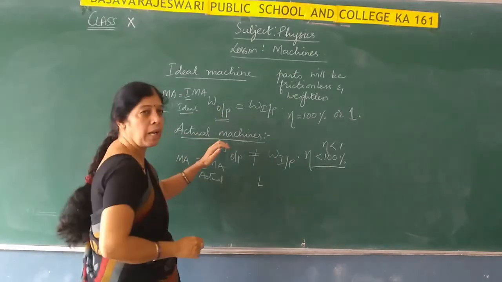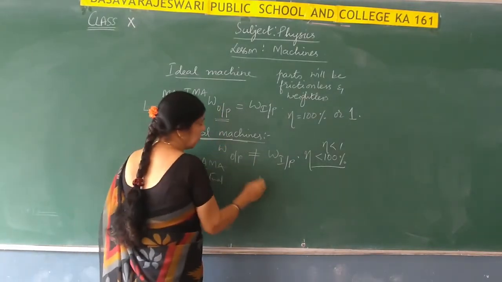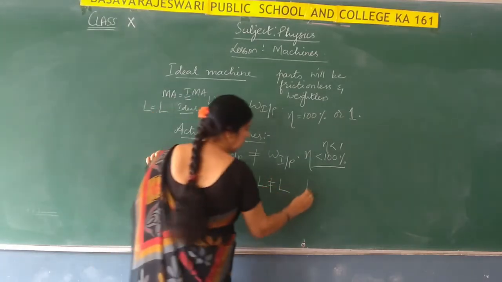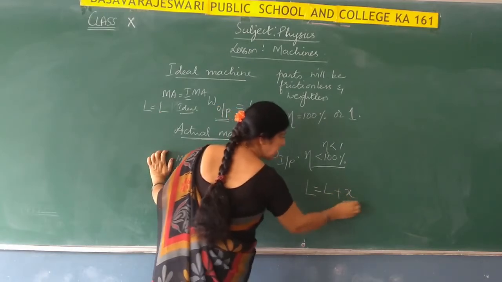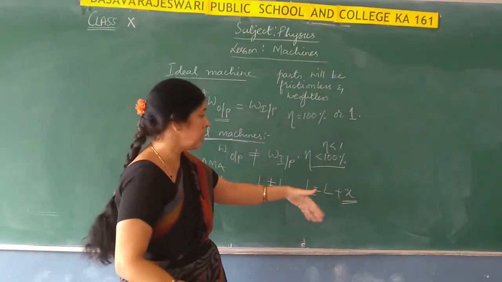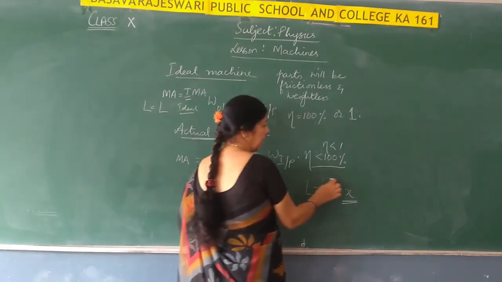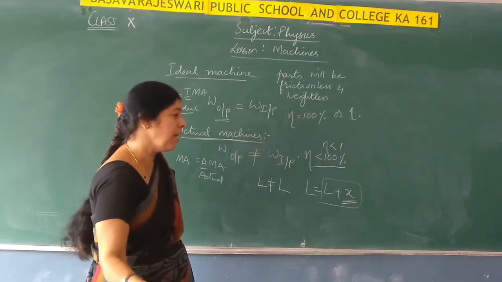But if you take actual mechanical advantage, then in actual machines, load will not be equal to L. It will be equal to L plus X. Now what is X? X can be the weight of the machine or it is due to the friction also. So the load value changes in case of an actual machine.